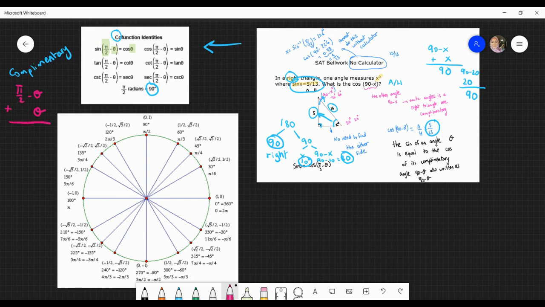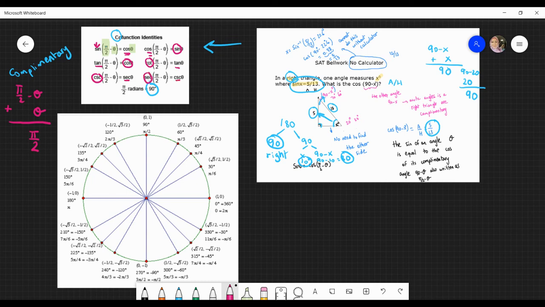Because if we add them up, theta cancels out, and they add up to pi over 2 or 90 degrees. And we can see how the sine of one will switch to the cosine of the other, and cosine will switch to sine, tan to cotan, cotan to tan, cosecant to secant, and secant to cosecant.